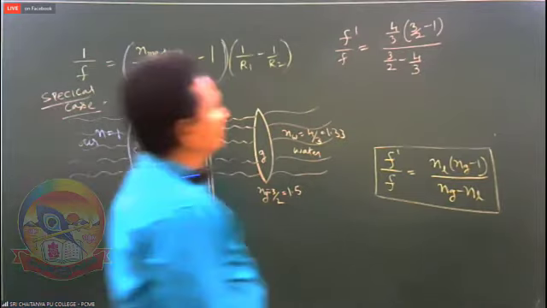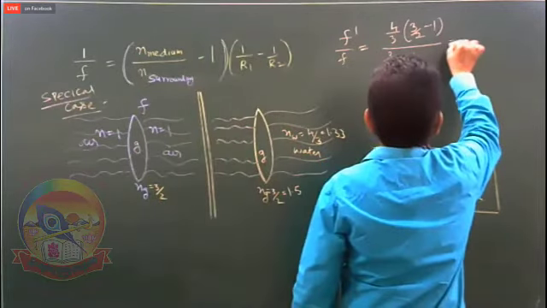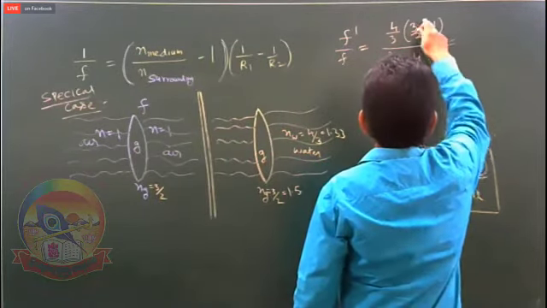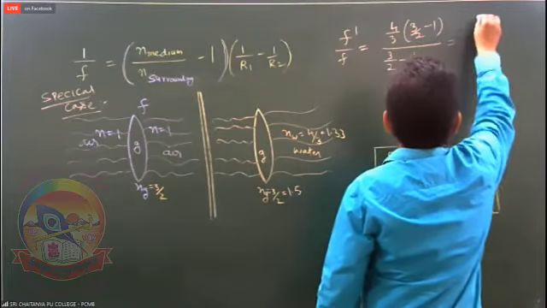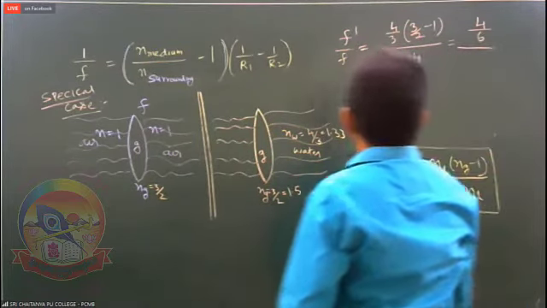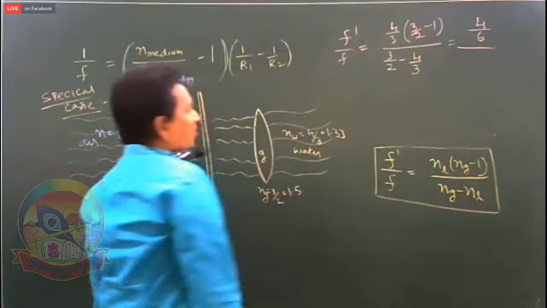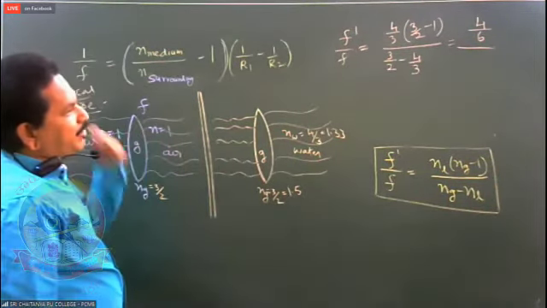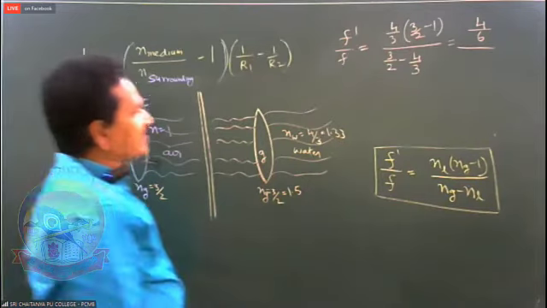In the numerator, 3 by 2 minus 1 is 1 by 2, and 1 by 2 means 4 by 6.